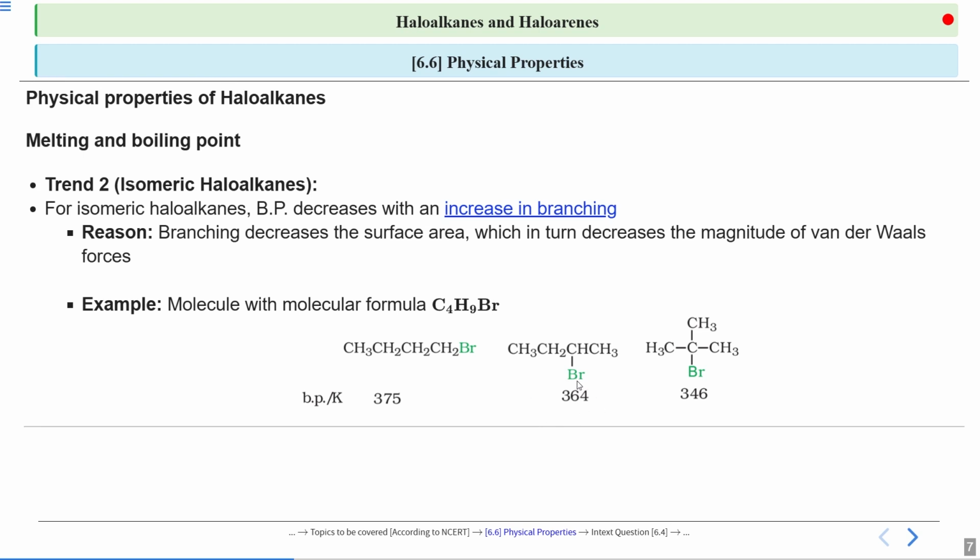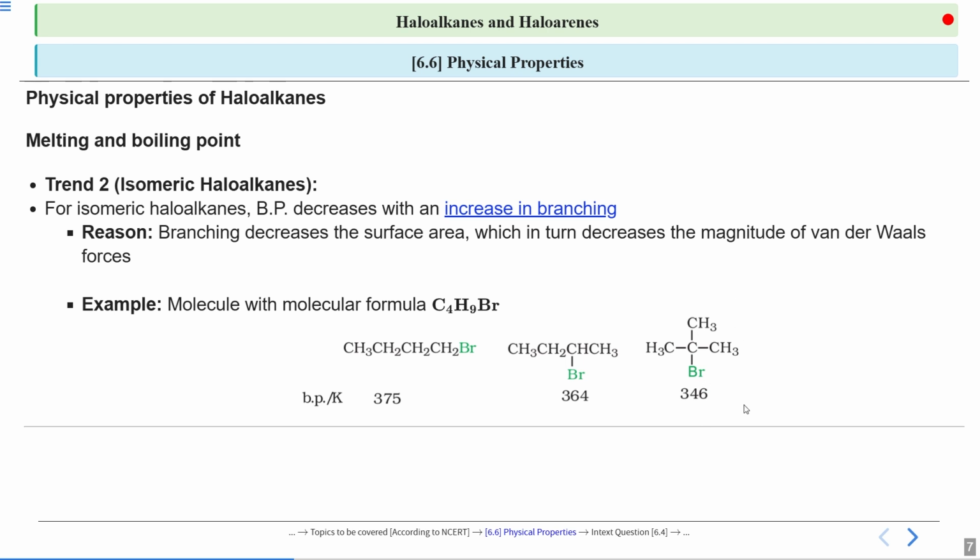Now if you do more branching, you can arrange the C4H9Br molecular formula structurally like this. You are putting 3 carbons in a single chain, and at the second carbon you are putting 2 substituents as a branch, one methyl group and the other bromine. So you are selecting this straight chain as your parent chain, and at the second position there are 2 substituents present, CH3 and bromine.